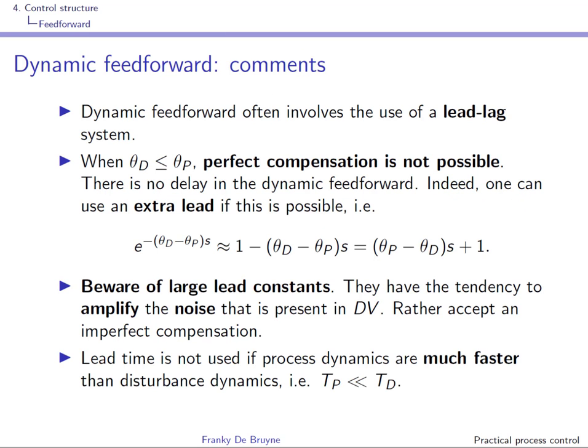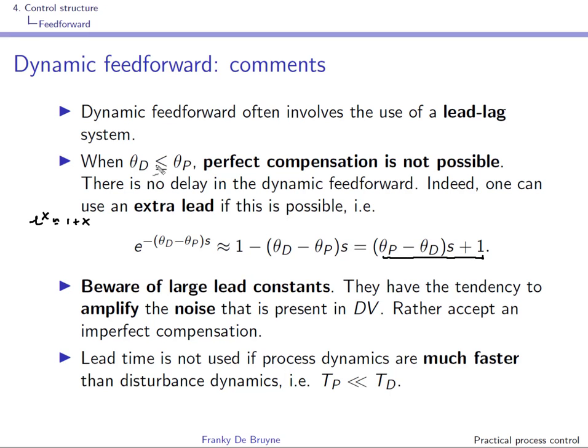Well, we have seen that dynamic feed forward involves the use of one or several lead lag systems. We have also seen that when the delay in the process is larger than that in the disturbance dynamics, then perfect compensation is not possible, simply because here you would have something that is negative and the delay is always positive, of course. But if you remember the Taylor series of the exponential, and you know that it's approximately 1 plus x, well, you can kind of approximate a delay, right, by a lead time constant, and that you can rewrite like this.